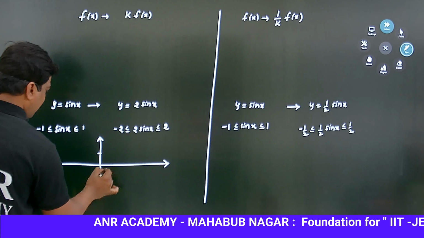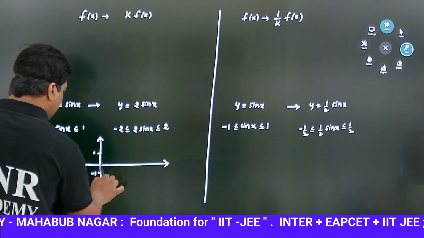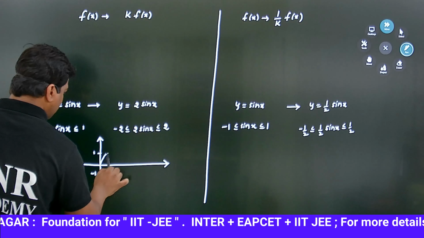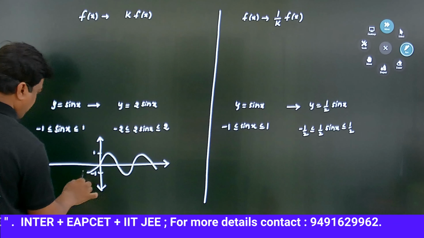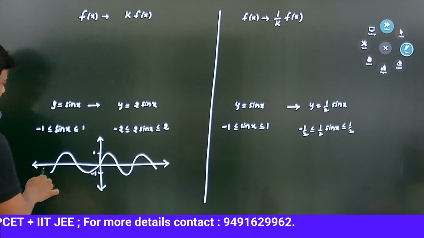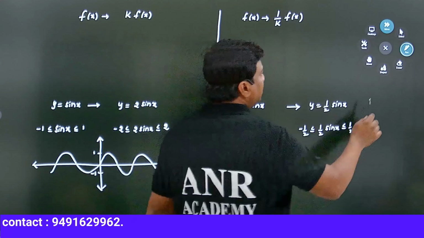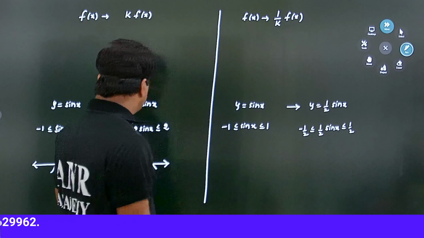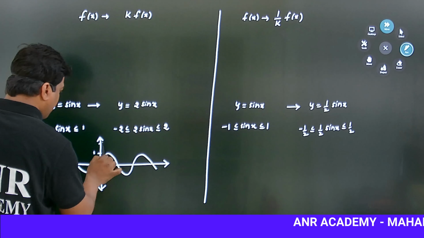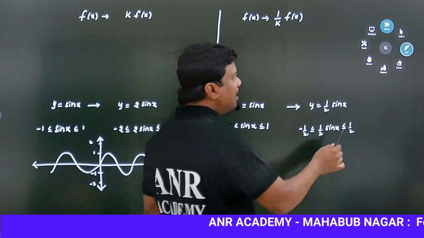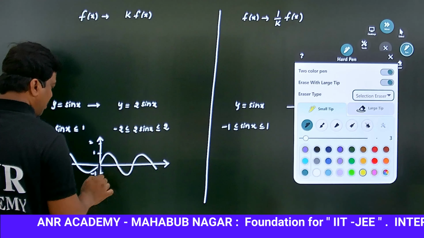Only in the interval minus 1 to plus 1, the range of sin x, the graph exists in this way. This is the graph in the limited boundary. Now when you have 2 sin x, nothing but its range is from minus 2 to plus 2. That is the graph. As x extends to 0, it is 0 only.